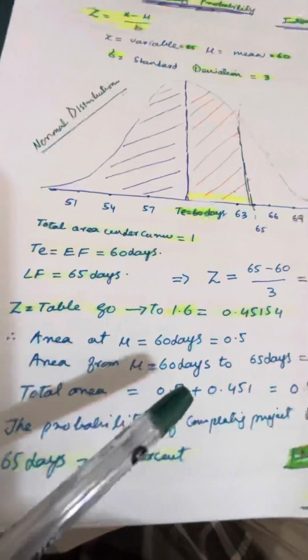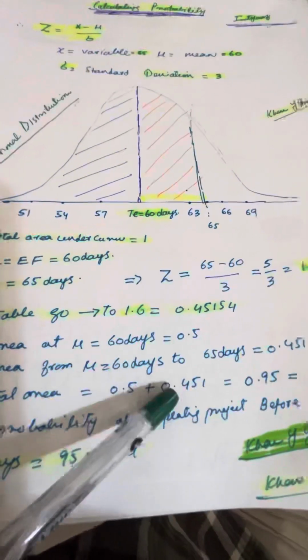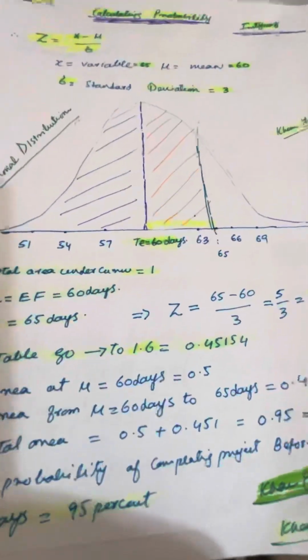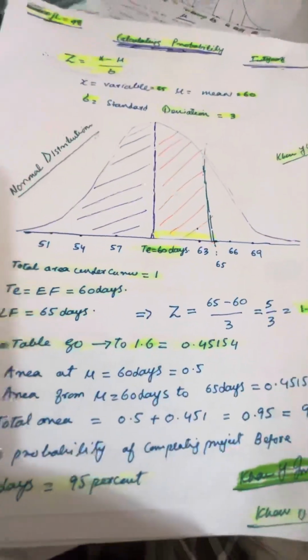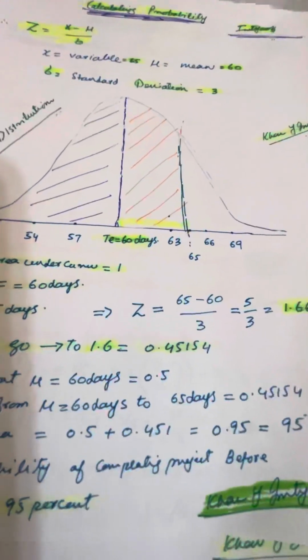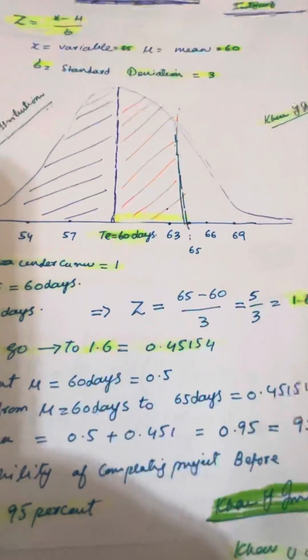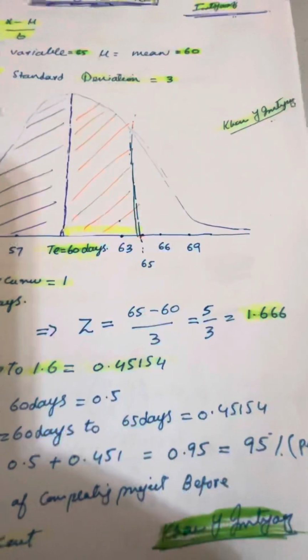So the total area is 0.5 plus 0.451, which is 0.95, and 0.95 means 95%. You multiply it by 100, so you get 95%.